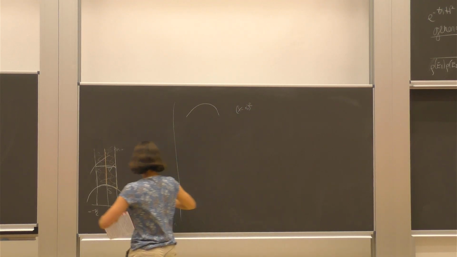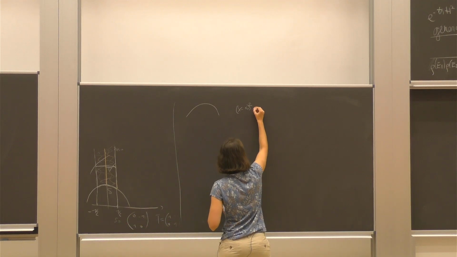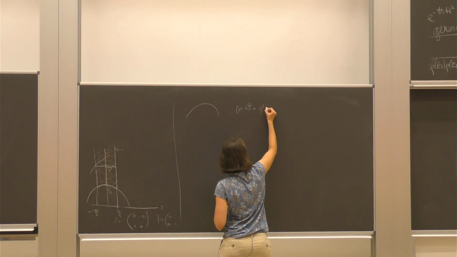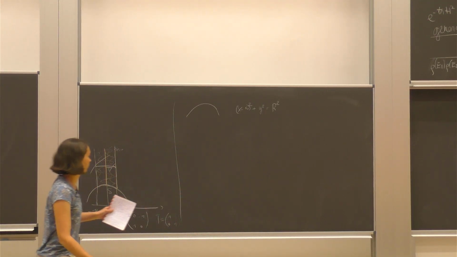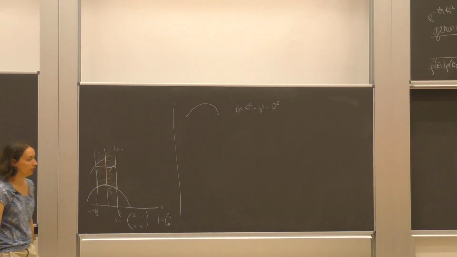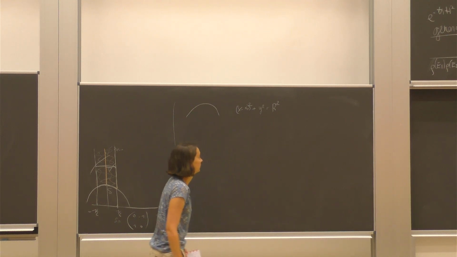So the semicircles that hit the y equals 0 axis in the middle, so they look like this. Hopefully this is common knowledge. If you don't know this, you can just derive it by computing geodesic equations in the hyperbolic background in these coordinates.